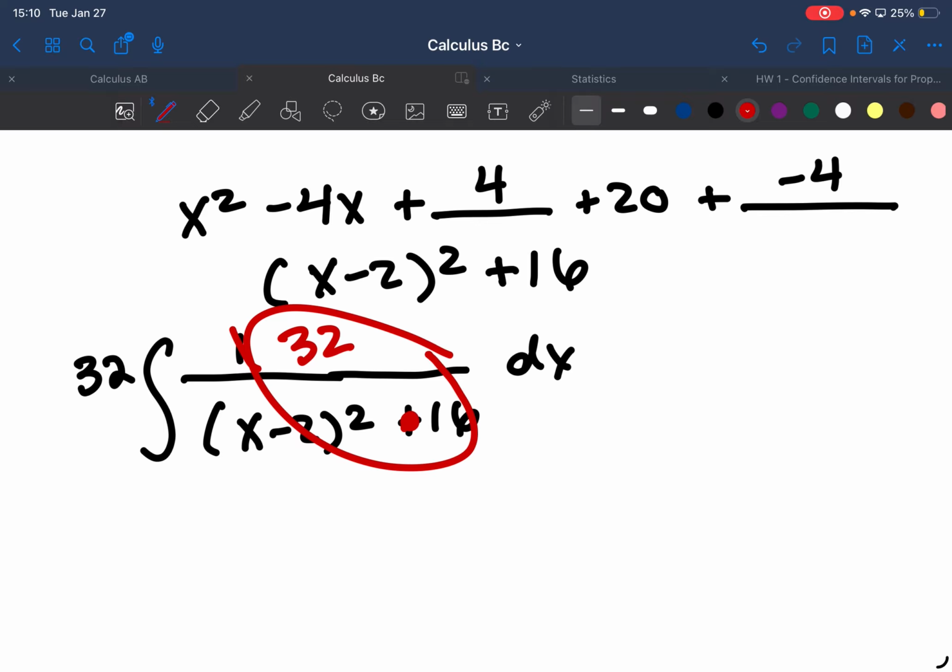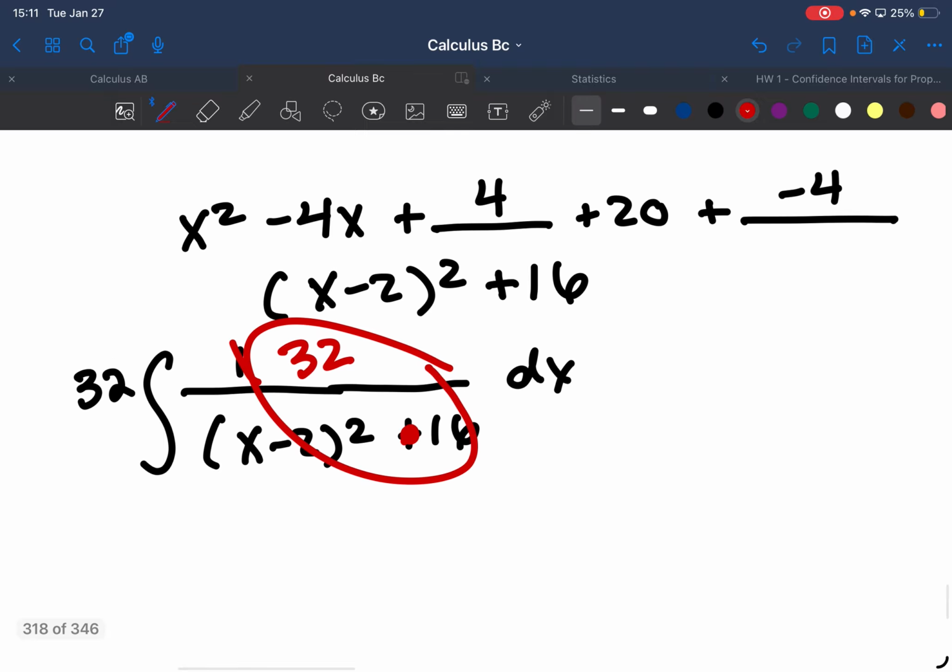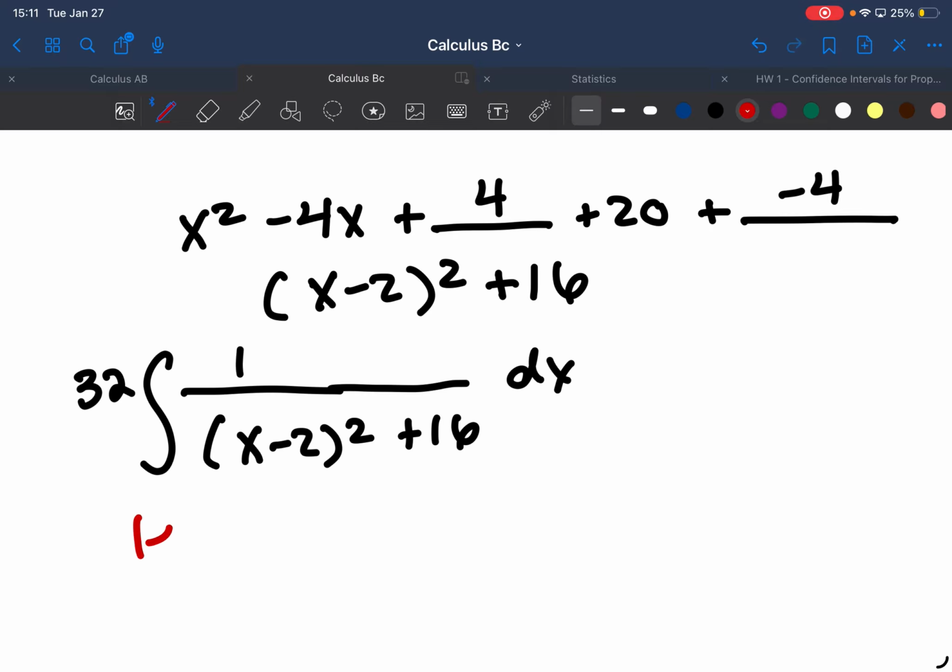If we were to separate this into two fractions, there's only one term on the numerator, so I can't separate it into two fractions. That entire thing is the denominator. Okay, good thinking. Any other ideas? Use substitution. Use substitution for what? x minus 2. Okay, so let u equal x minus 2.